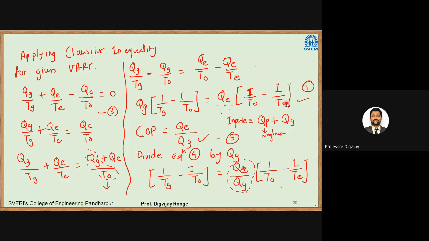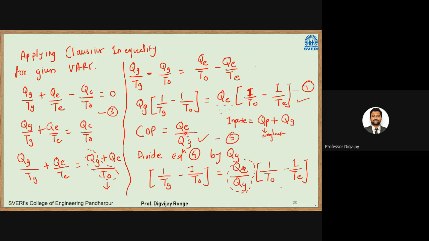Similarly, on RHS. Now, after this step, why am I doing this derivation? To calculate the COP. COP, as you all know, is the coefficient of performance. So for a VRS system, what is our objective in a refrigerator system? To extract the heat. So heat is extracted, that will be our objective, that is nothing but QE divided by the input.